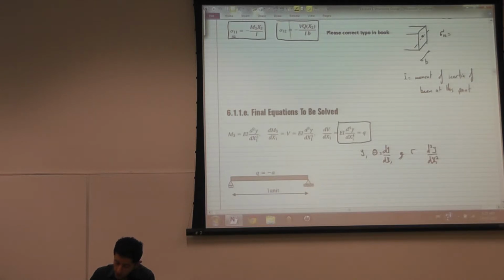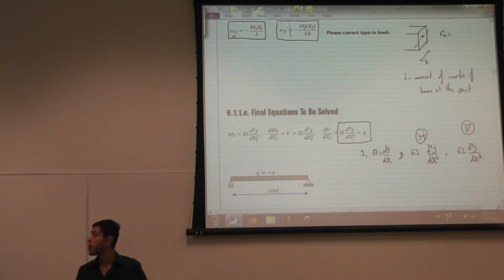And if you multiply this by EI, then that means I'm giving you the boundary conditions in terms of the moment, or could be given in terms of EI d3y by dx1 cubed, which is the boundary condition in terms of the shear. So you can apply any of those four possible boundary conditions. I need 4 to be able to analyze the beam.